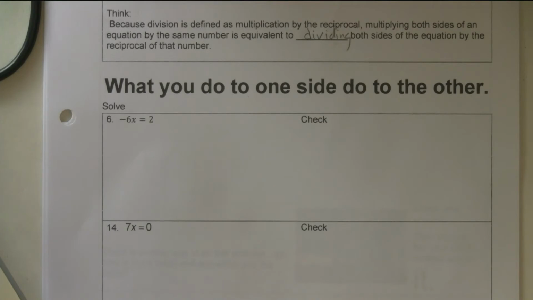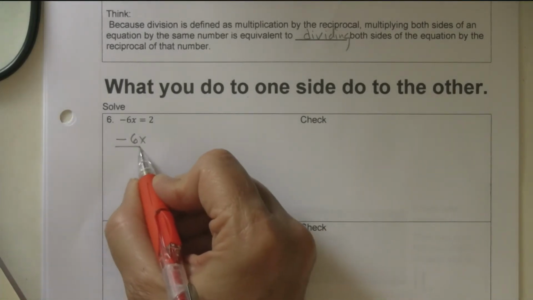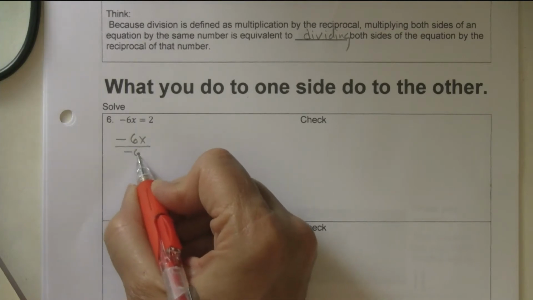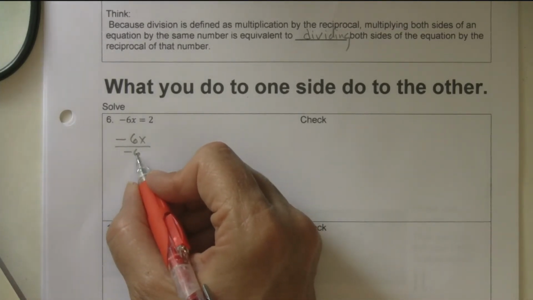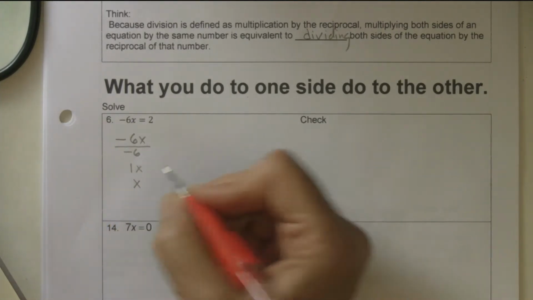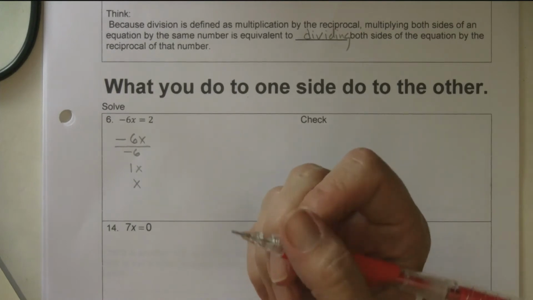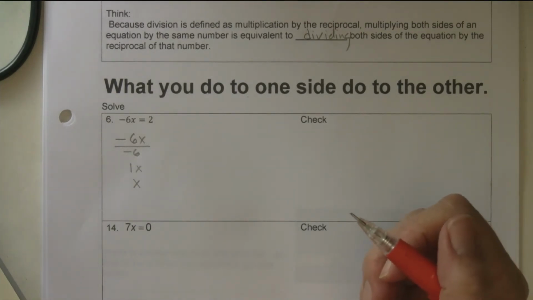So on this side, where I have negative 6x, I have to divide by negative 6. And negative 6 divided by negative 6 is 1x on that side, which is x, which was my goal, to leave x by itself. I'm undoing that multiplication with a division.